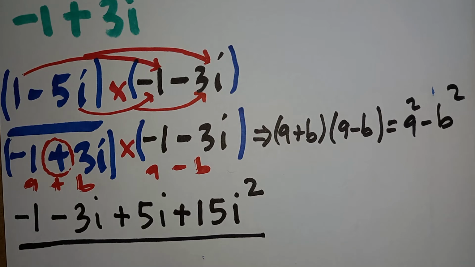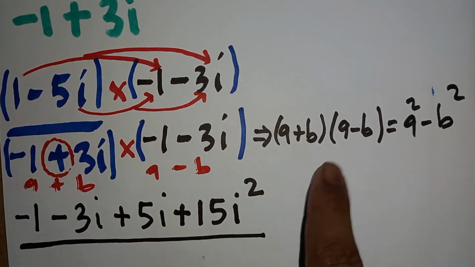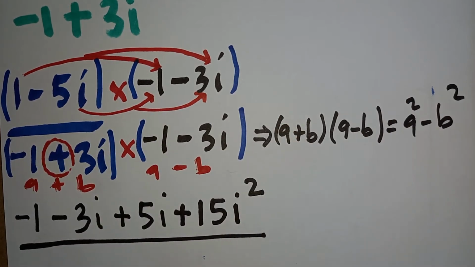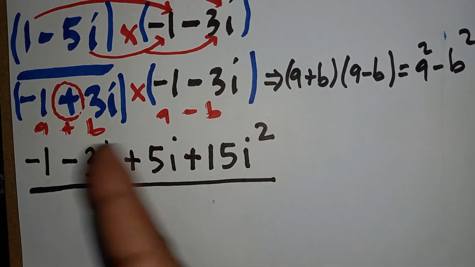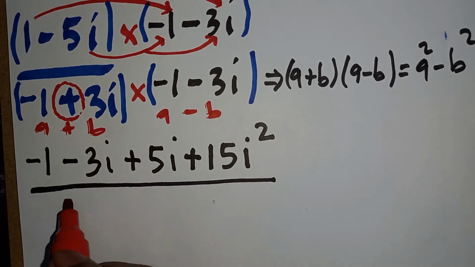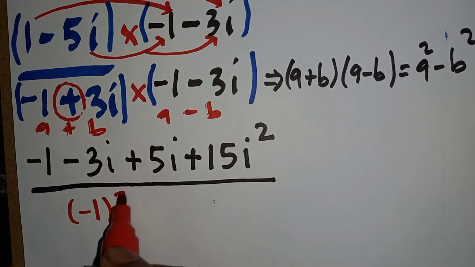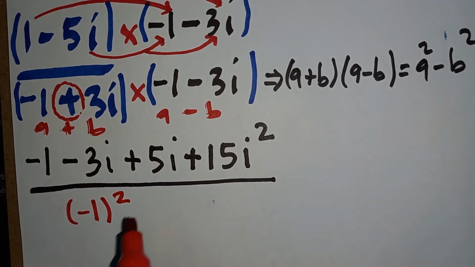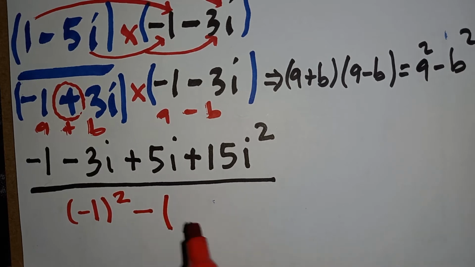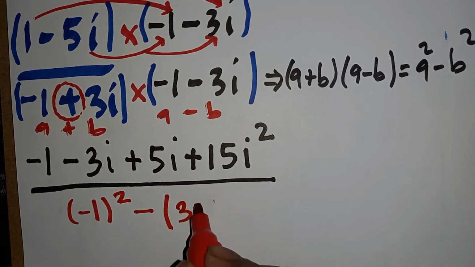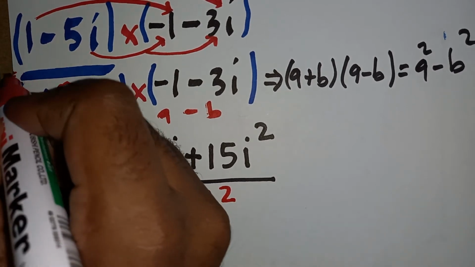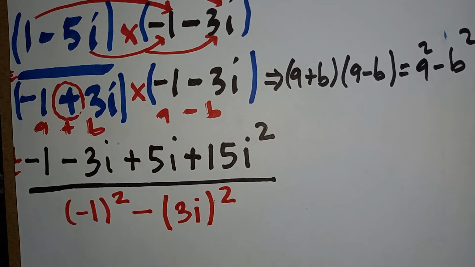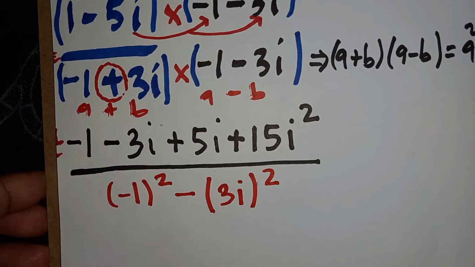So instead of expanding this, we are just going to use this difference of two squares rule. Now if I take a, which is negative 1, and square it, then you put the minus sign here, and you take your b term, which is 3i, and you square it. Now from there you can simplify this.